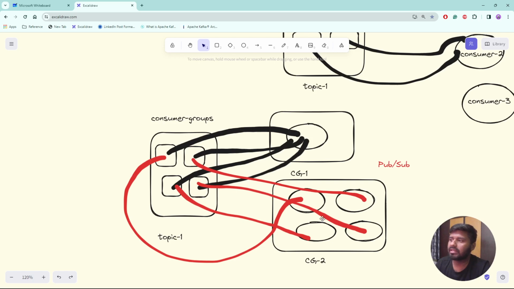So Kafka follows this publisher and consumer model, called pub sub, publisher and subscriber. One more thing, there is a technical terminology associated with this.